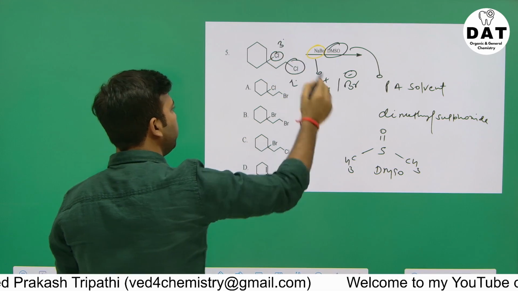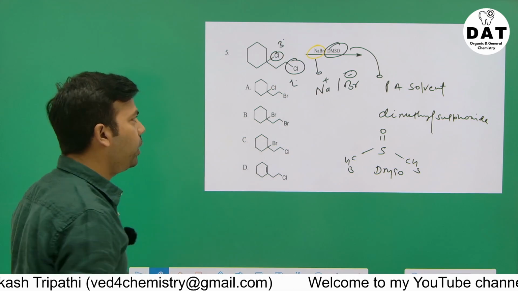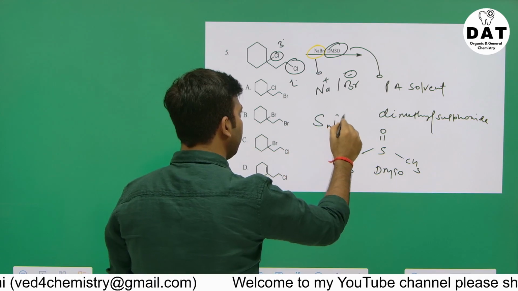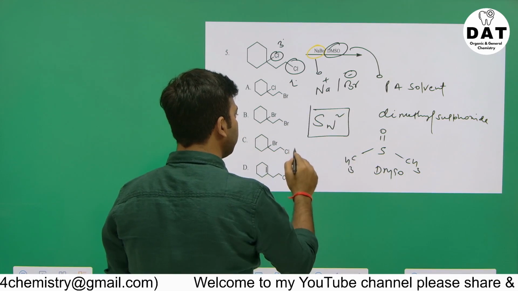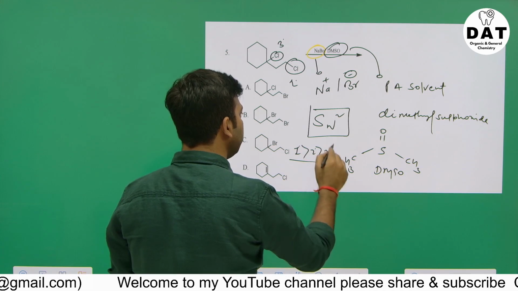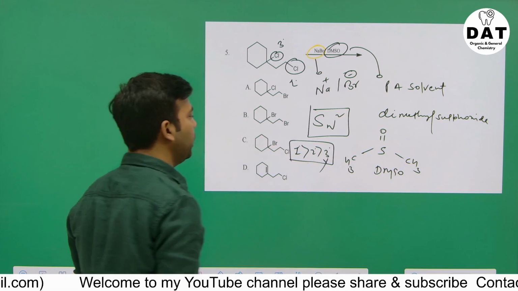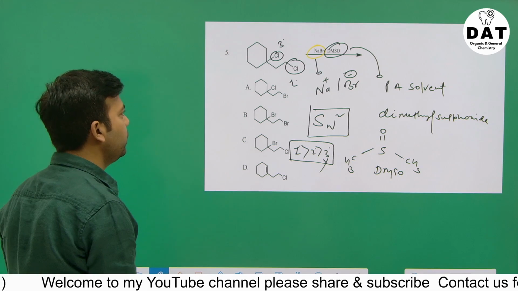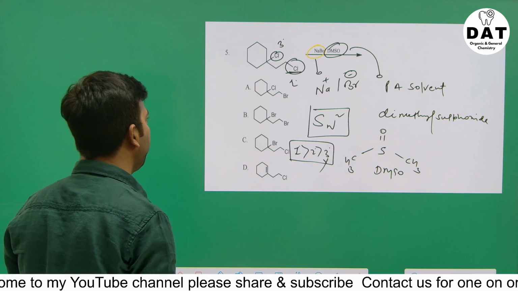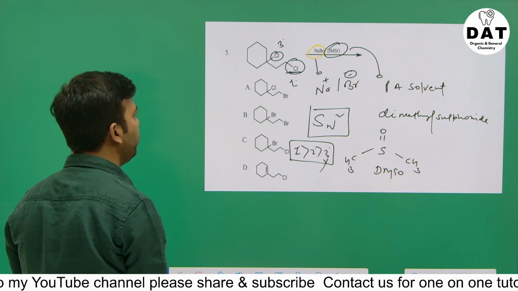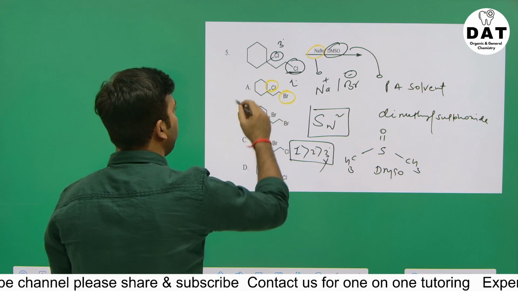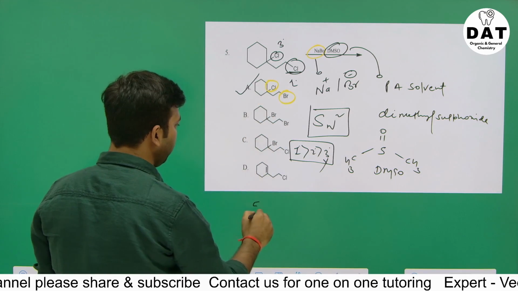We all know when we have a strong nucleophile and a polar aprotic solvent, then the reaction is SN2, and SN2 is the fastest in the primary alkyl halide, then secondary and then tertiary. Tertiary is the least one, even not SN2 in the tertiary. So the primary one is here, this one, chlorine. So in place of chlorine we have a bromine. Clear? So we have a bromine here. Chlorine remains same. So answer will be A, 5A.